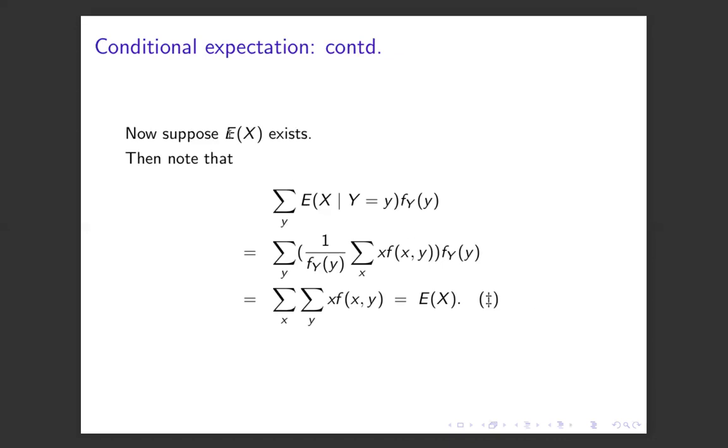So if it exists, then this quantity is equal to the expectation of x, left side and right side. That is our double dagger. Okay, I shall go to the next slide.